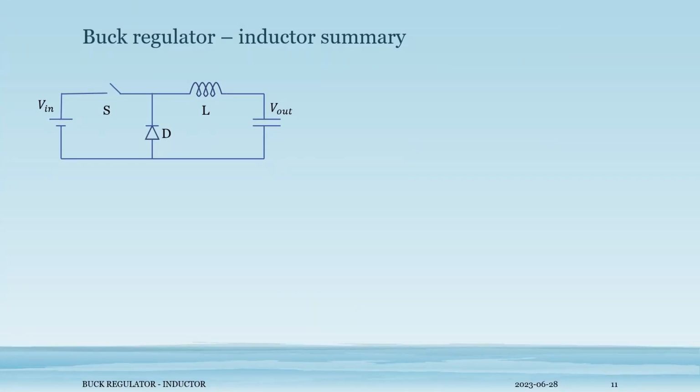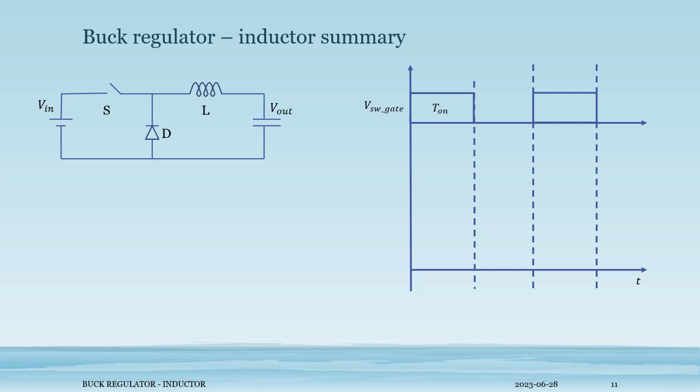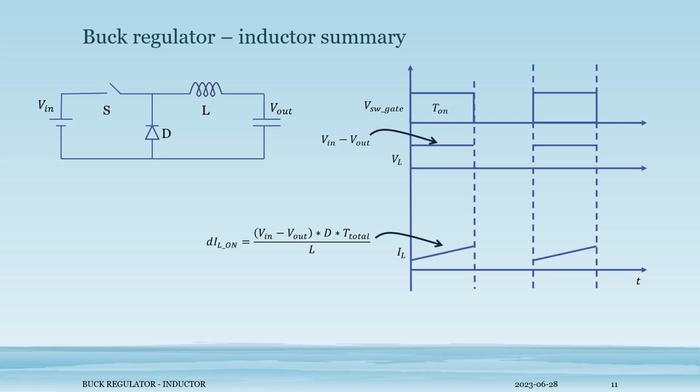In summary, let us assume a buck regulator as shown in the figure. Let us turn on the switch for t on duration. Now, the inductor voltage is given as Vin minus Vout. At this time, the inductor current rises at a rate of Vin minus Vout into d into t total divided by L. Let us now turn off the switch for t off duration.